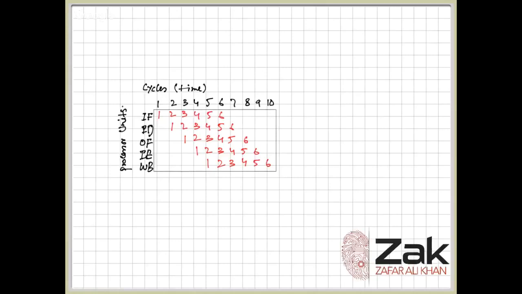It takes 10 cycles. So this is one cycle. Cycle is what? Unit of time. So 6 instructions will take how many cycles? 10.